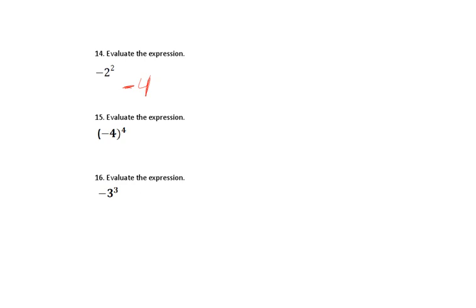Don't take a chance, and here's why. It's negative 4 because there's no parentheses. But let's say the question was negative 2 in parentheses squared. That answer is positive 4. So I want you to look out for that, so be careful.